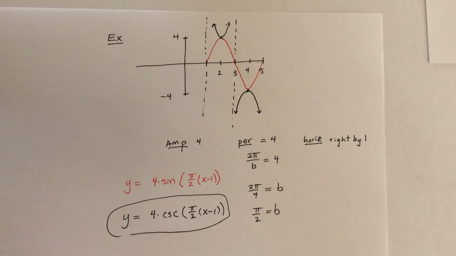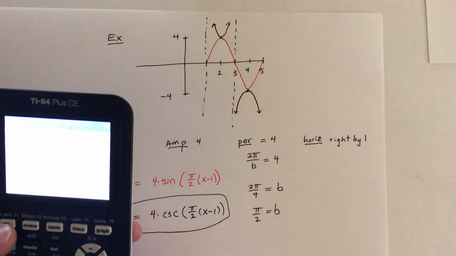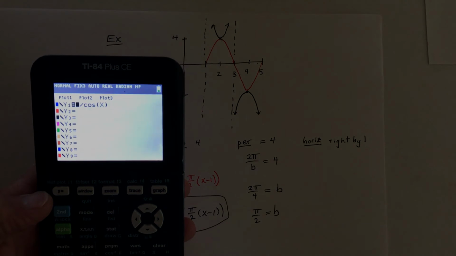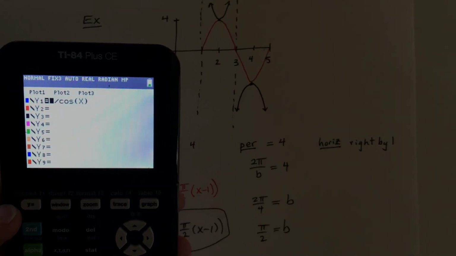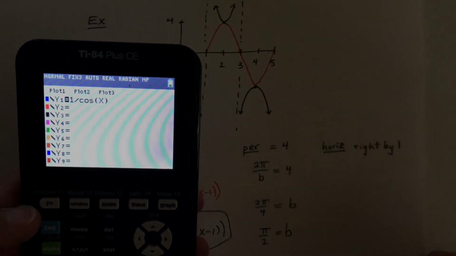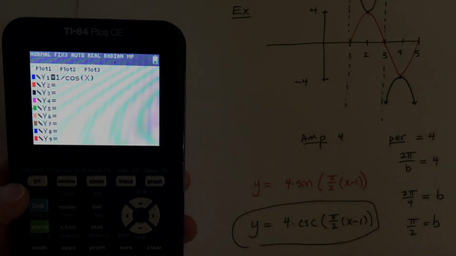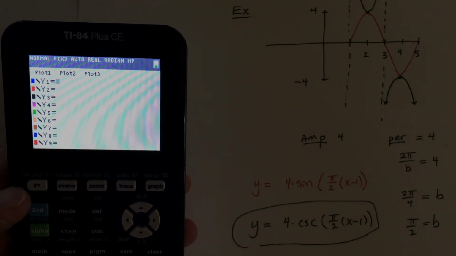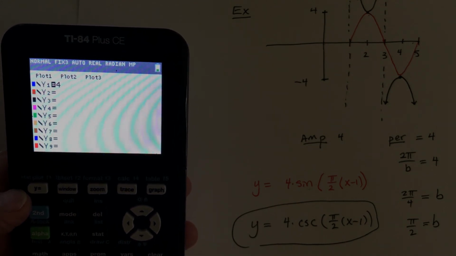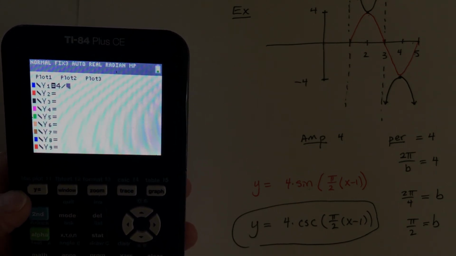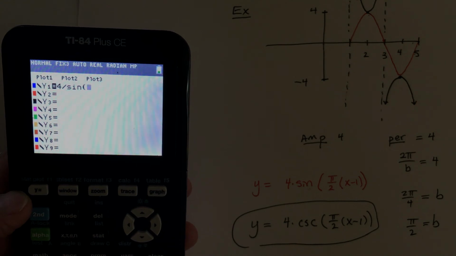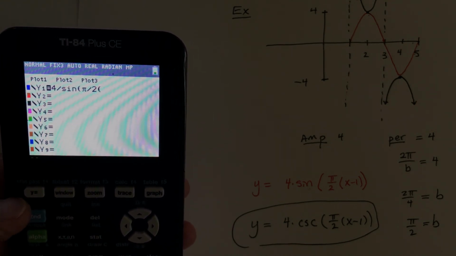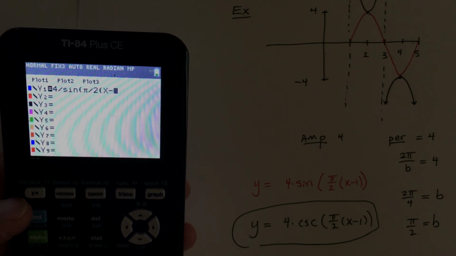Shall we check it on the graph? Let me adjust the screen. Okay, so my calculator doesn't have cosecant, so I'll have to put 4 divided by sine, and then pi over 2, and then parentheses, and x minus 1.